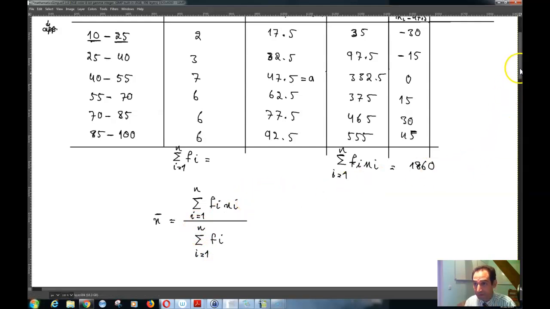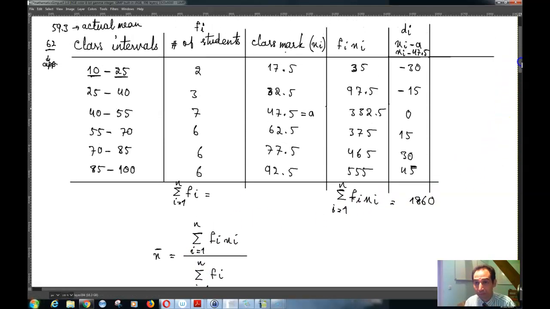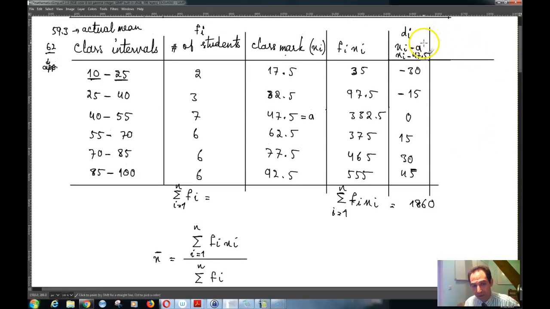Now I need to get from this formula to use d of i instead of x of i.